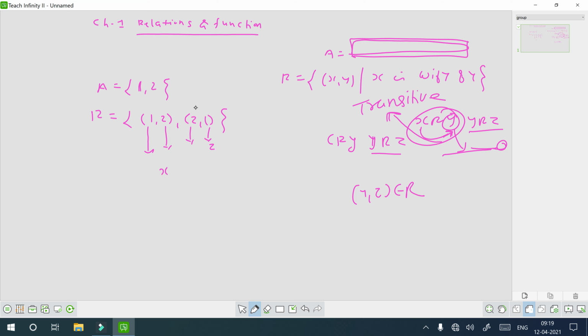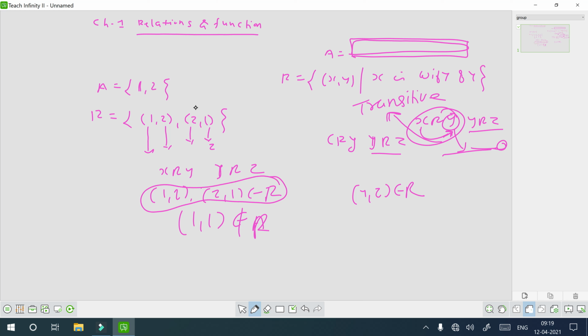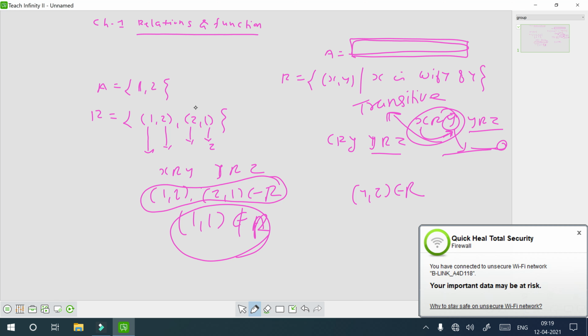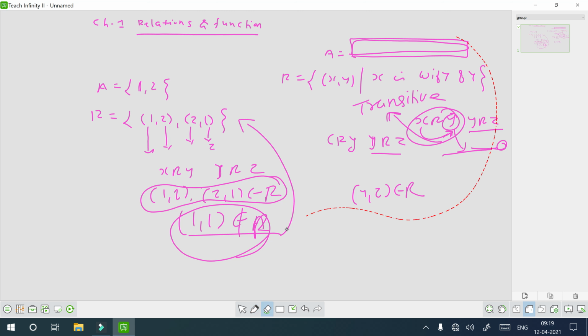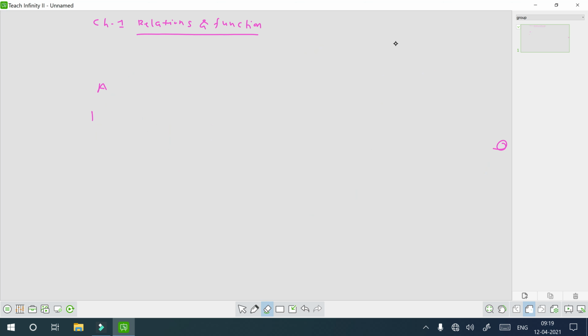Now see, (x, y) and (y, z) are given, meaning (1, 2) and (2, 1) belong to R. But in that case, (1, 1) is not in R. These two conditions are given to us, then we have to check for (x, z). And in this example, (1, 1) is not in R. So this relation is not a transitive relation. Clear? See, in this way we can check reflexive relation, symmetric relation and transitive relation.